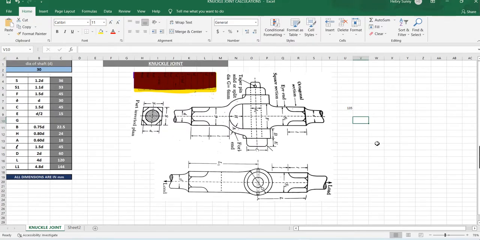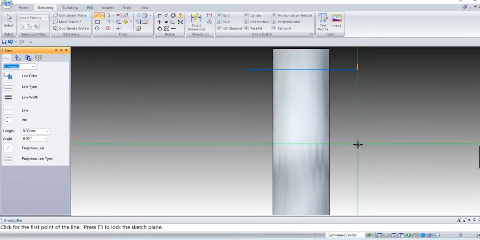So length is capital D, that is 60 mm. 60 divided by 50, that is 1.2. 6 minus 1.2 is 4.8. So other side is 4.8.